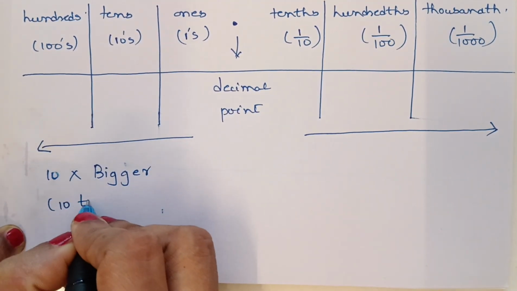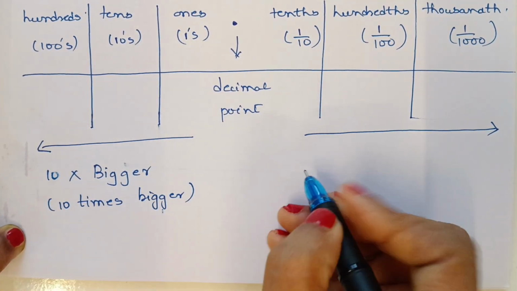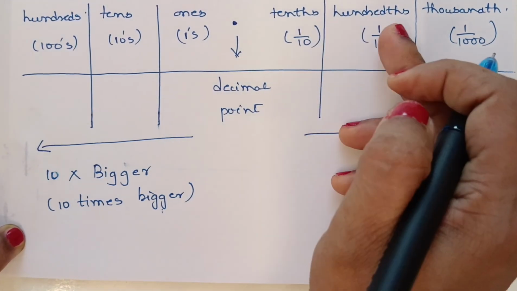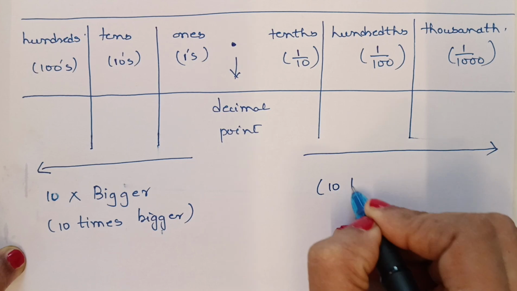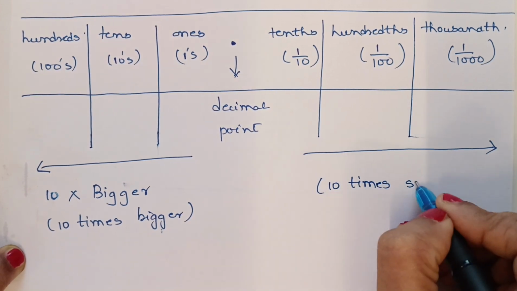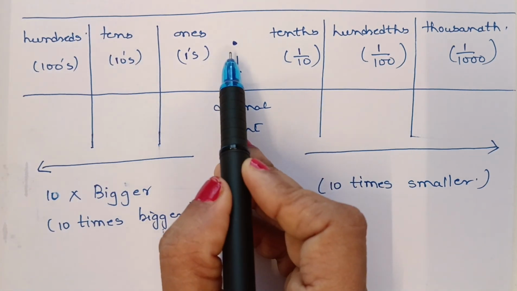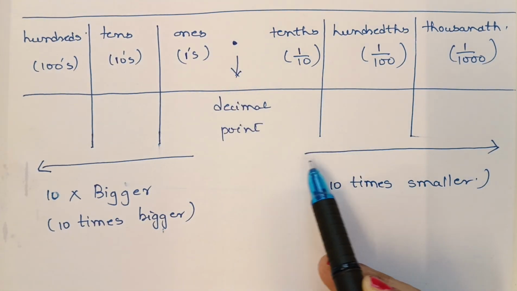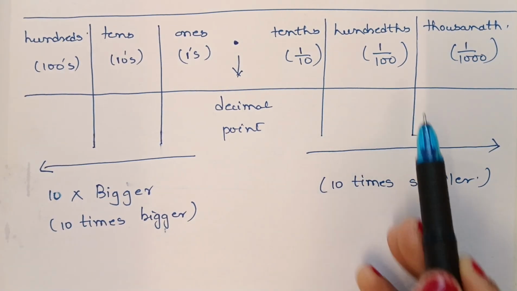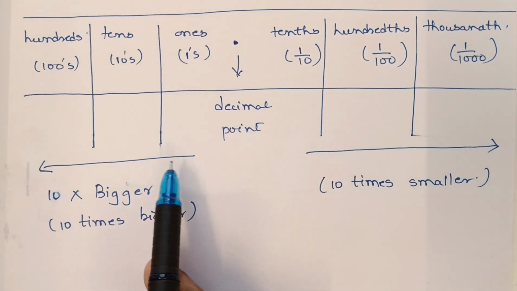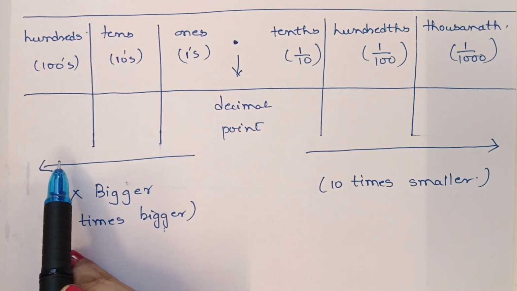And towards the right hand side, 1 by 10, 1 by 100, 1 by 1000, so this is 10 times smaller. Understand this part, very important. As we move towards right, the decimal place value becomes smaller, and as we move towards left, the place value becomes higher.